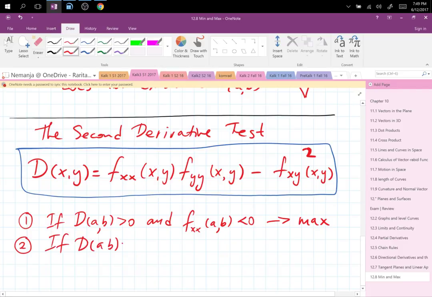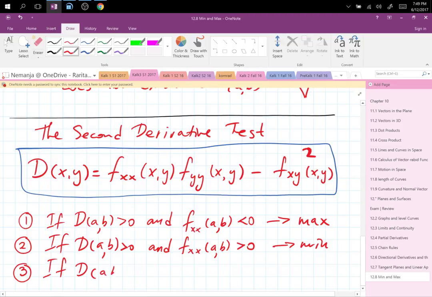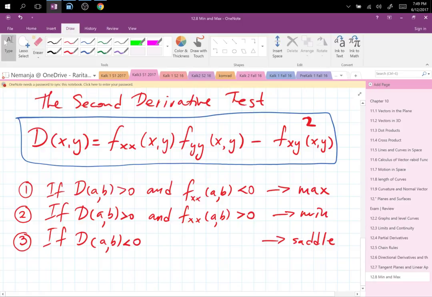If D(a, b) is larger than 0, and f_xx at (a, b) is also larger than 0, we have a min. Third, if D is less than 0, that's it, we have a saddle. And the last case, if D(a, b) is equal to 0, the test is inconclusive.